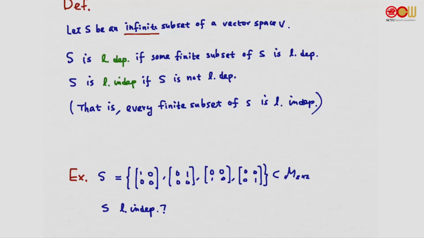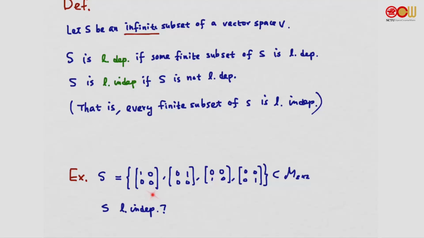Let's look at an example. S is this subset of M2 by 2. It has 4 vectors: 1, 0, 0, 0; 0, 1, 0, 0; 0, 0, 1, 0; 0, 0, 0, 1. Is S linearly independent? S is a finite subset.